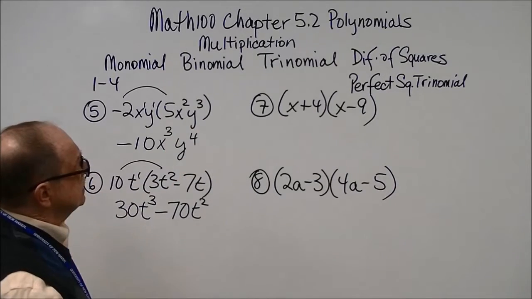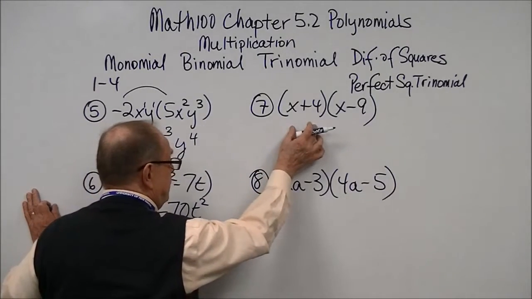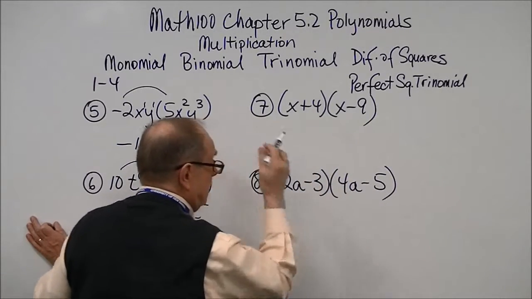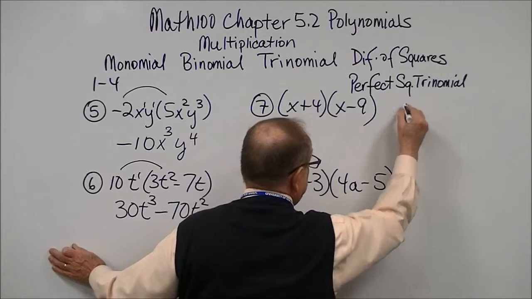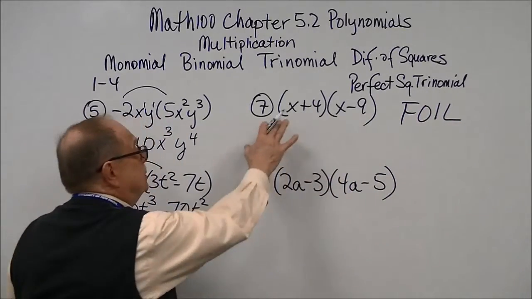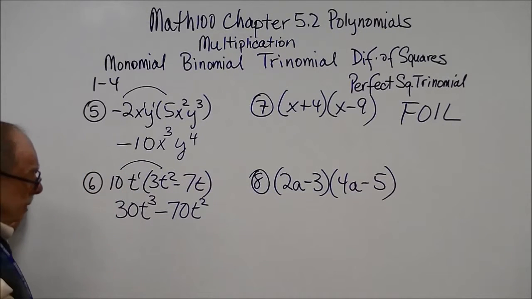Now in number 7, we're already moving up to multiplying a binomial by a binomial. A little later on in the lesson, we're going to do what is called FOIL, but we're going to do this one in the more traditional way. We'll get to FOIL shortly.